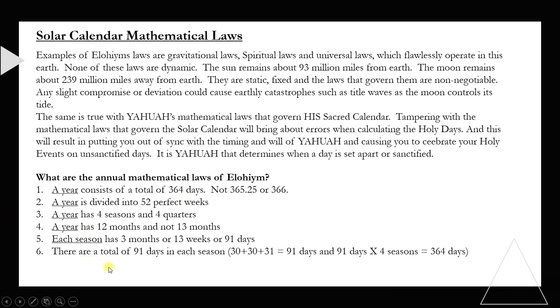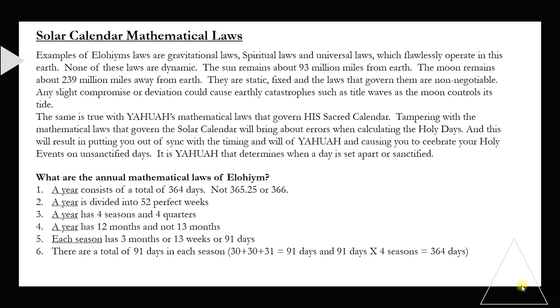And number 6, there are a total of 91 days in each season, and this is how it's computed. One moment. So the 91 days in each season, 30, 30, 30, is actually the way it goes. And then you add one.